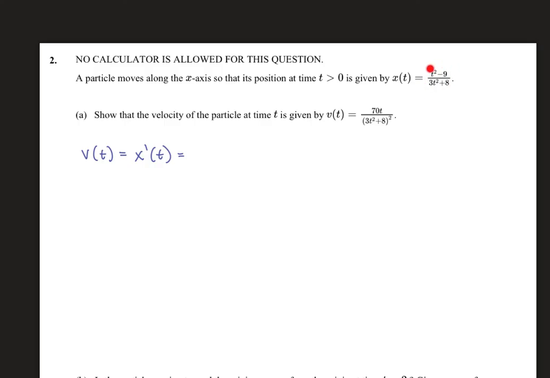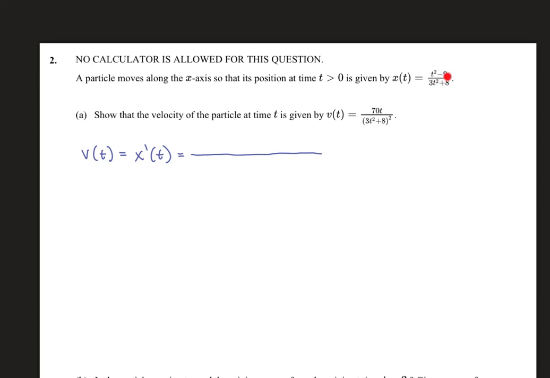So we'll take the derivative of this, and we should end up with this. Okay, so let's do that. So we've got a quotient rule to do. It's going to be longer than that probably, but we'll start off with that. So always start off taking the derivative of the top.